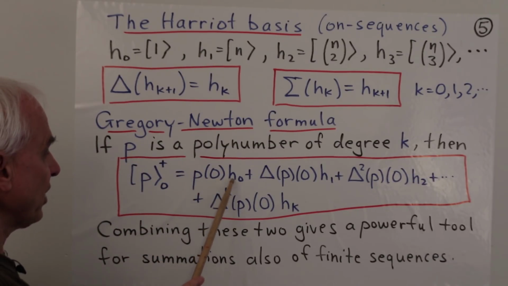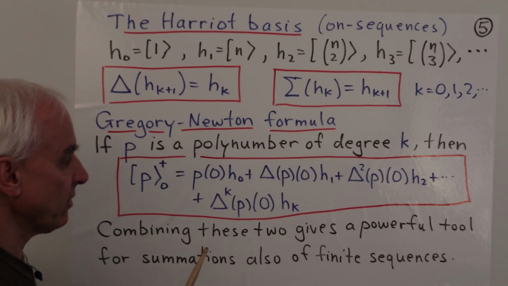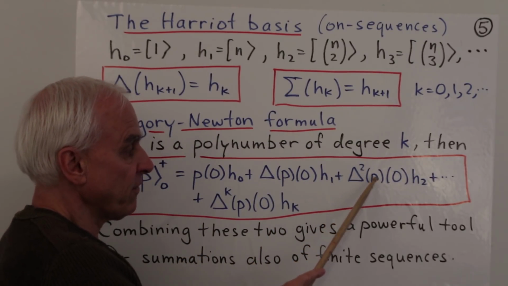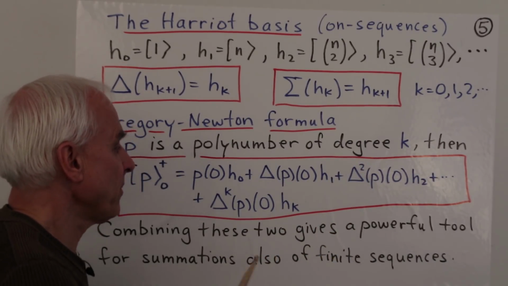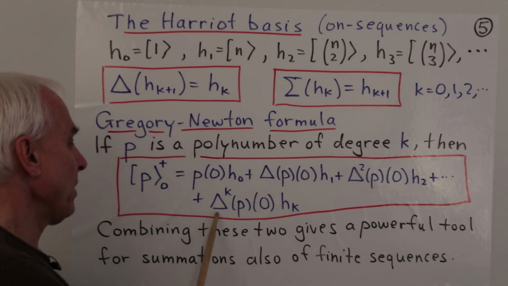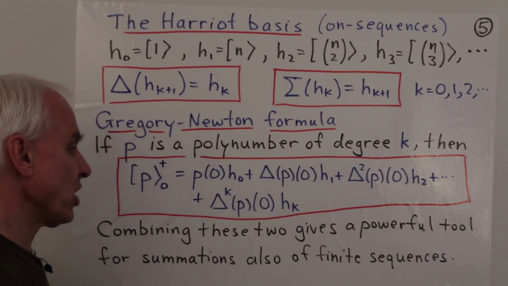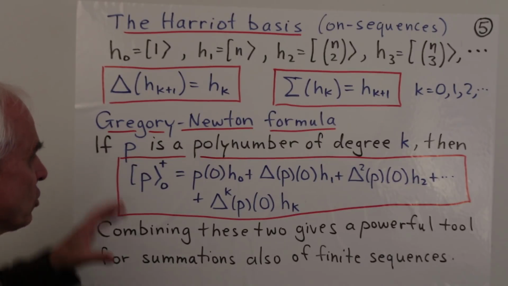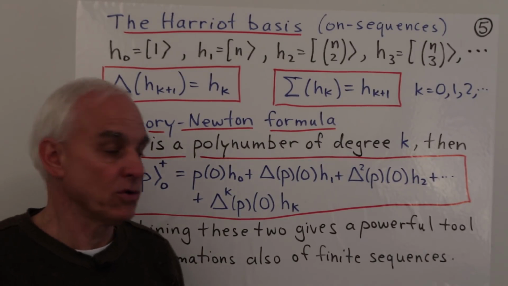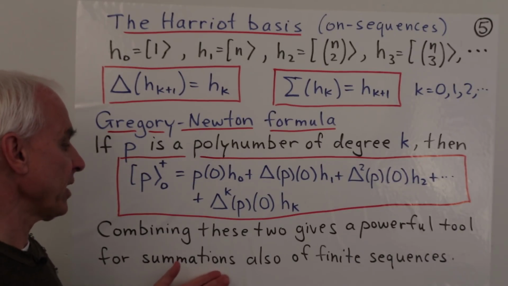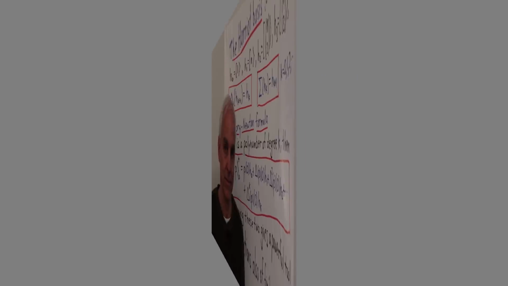So p of 0 times h0, the difference of p at 0 times h1, the second difference of p evaluated at 0 times h2, all the way up to the kth difference of p evaluated at 0 times hk. So combining these two, this gives us a powerful tool for calculating summations, also of finite sequences.